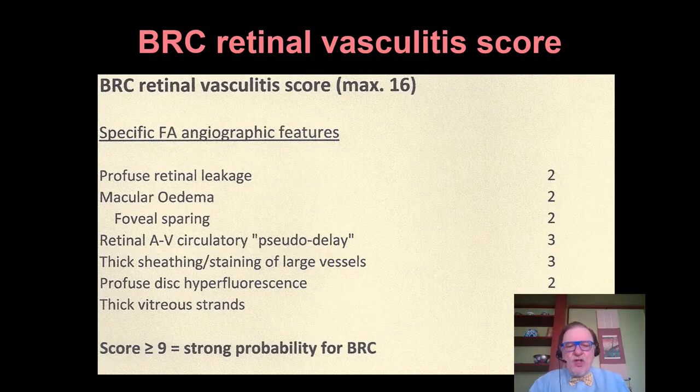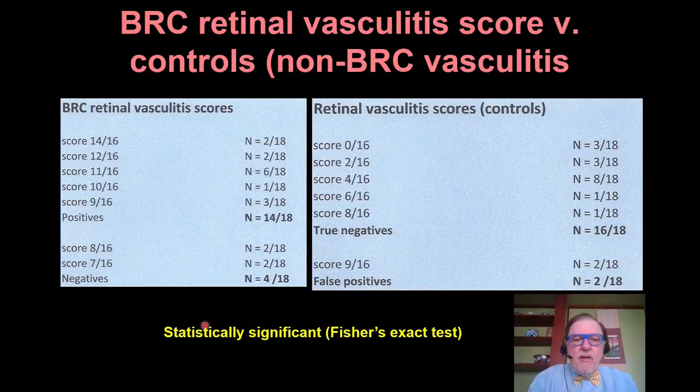If you have a score of 9 or more, the probability was, in our hands, strong for birdshot disease. 14 out of our 18 cases, which we retained for this analysis, were positive, meaning true positive. 4 of the cases were negative, meaning false negative.